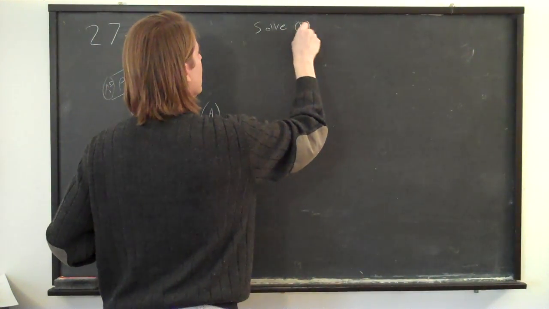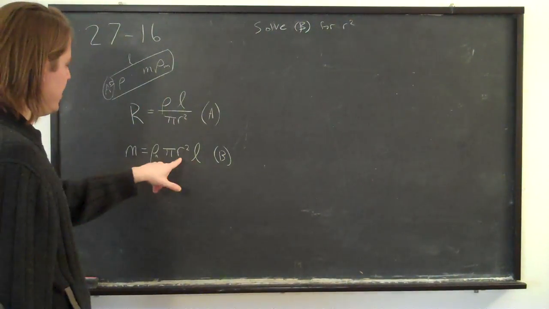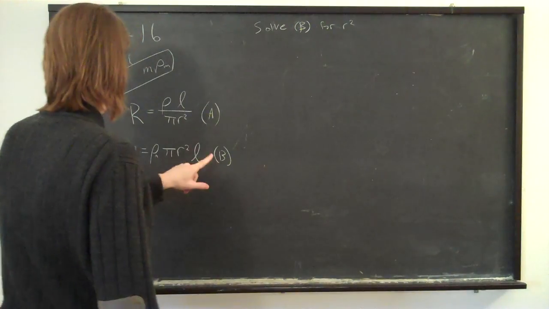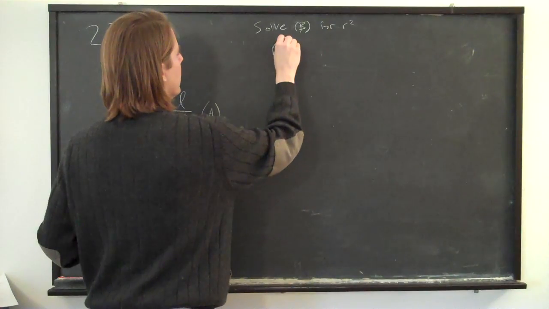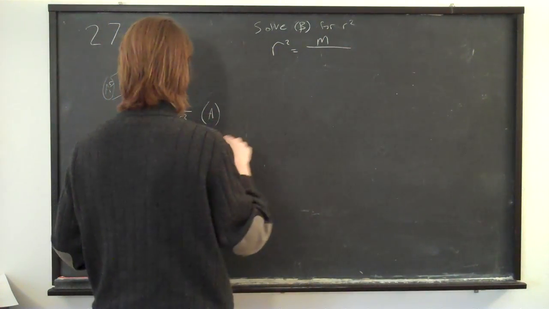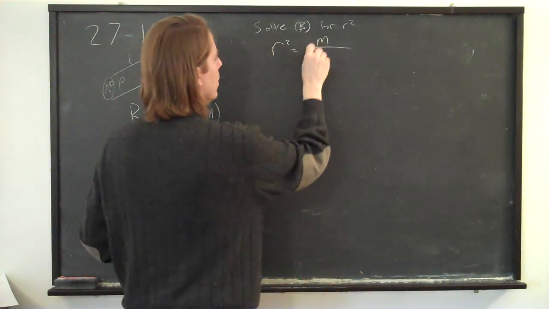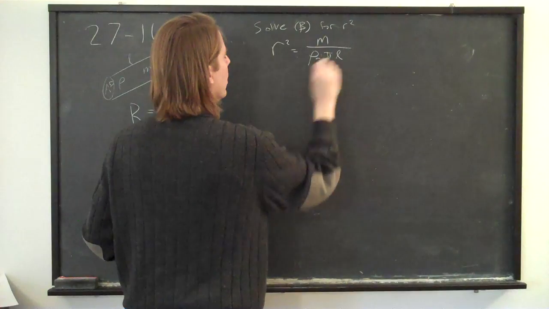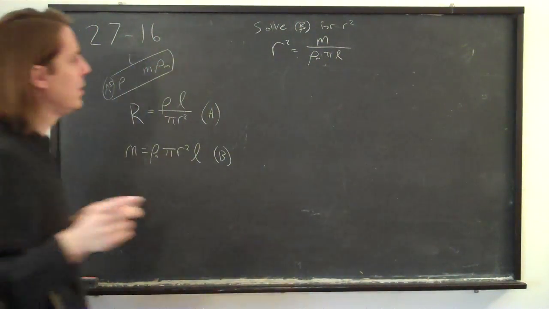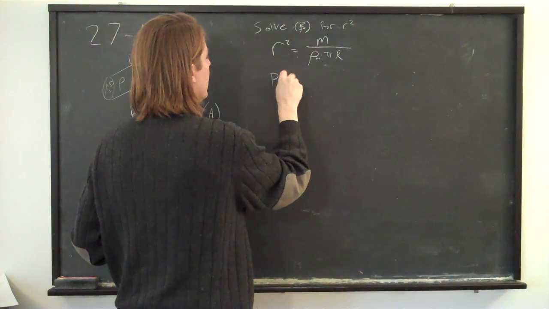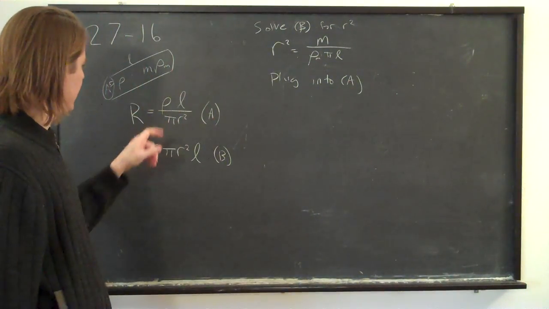Equation B for r squared. So let's see, equation B for r squared is just m over all these other things. r squared is the mass over rho M pi L. And then you take that and you plug it into A. So solve B for r squared, plug into A. And let's see, it's down there.